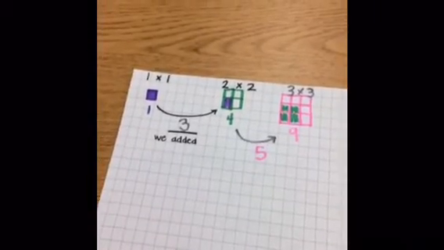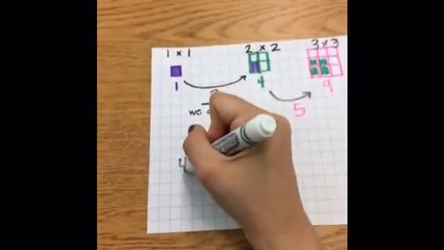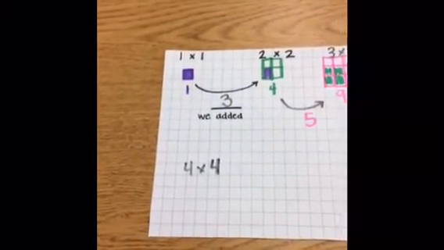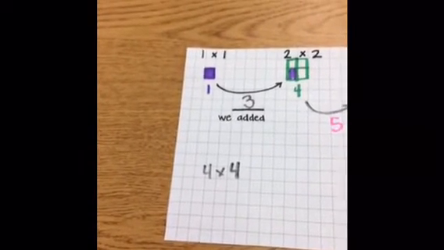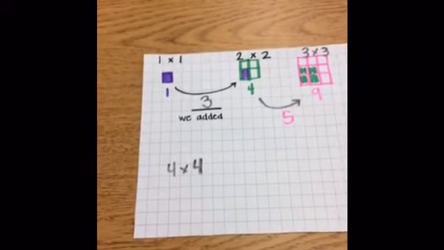Okay, we're going to do one more. So on the bottom of my paper I have 4 times 4. And let me find a different color to do that one. But I need to this time draw 4 rows of 4.